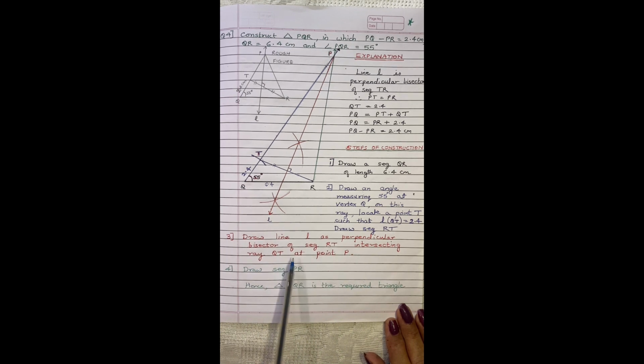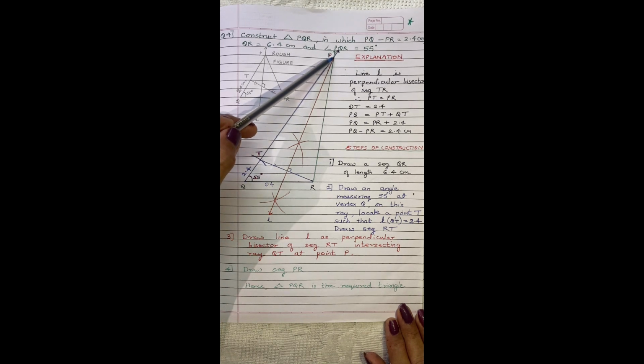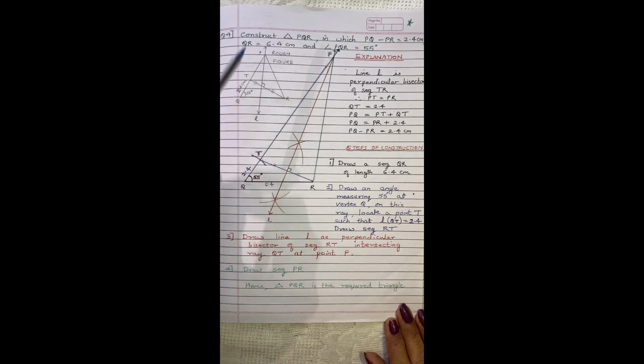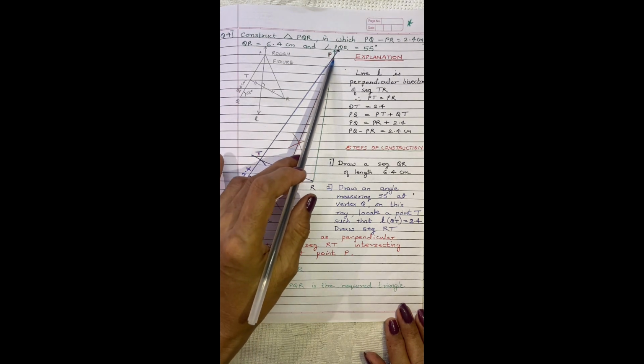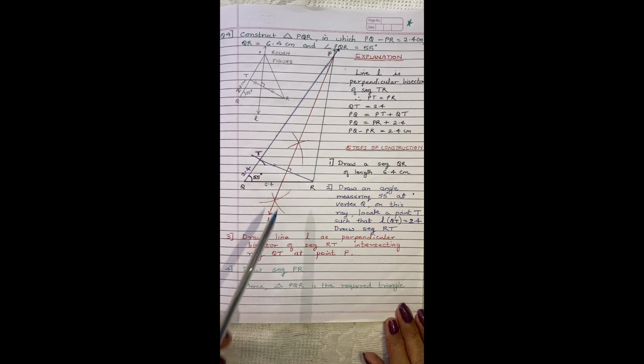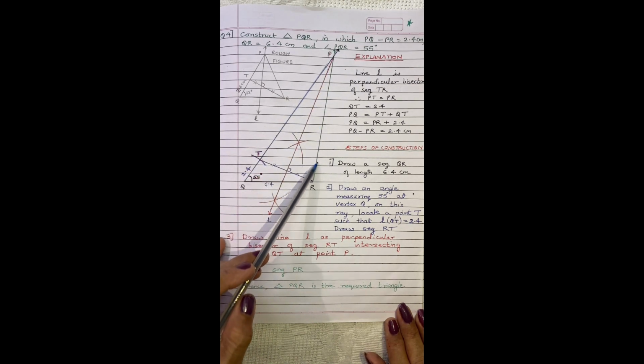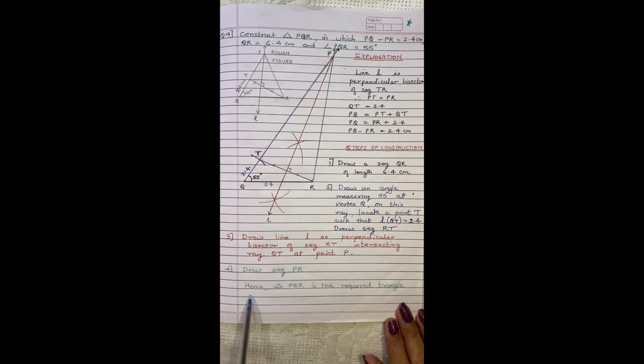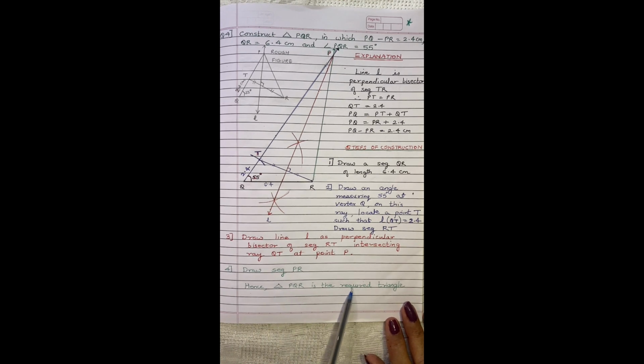Intersecting ray QT. Now this is intersecting ray QT at P. So this we have to extend up where these two lines meet, and then draw segment PR. So hence triangle PQR is the required triangle.